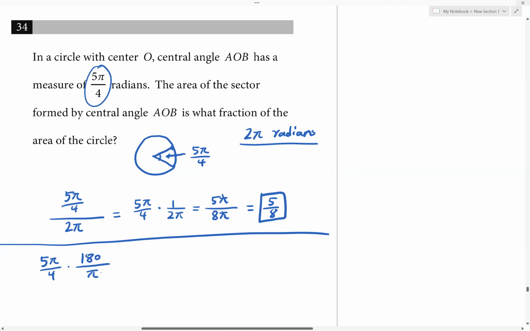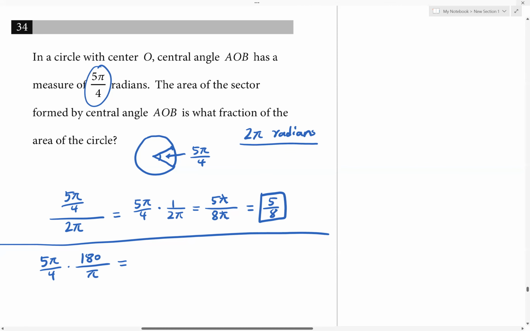The whole circle is 2 pi radians, and the whole circle is also 360 degrees. So 1 pi radians should correspond to 180 degrees. So we use 180 over pi as the converting ratio.